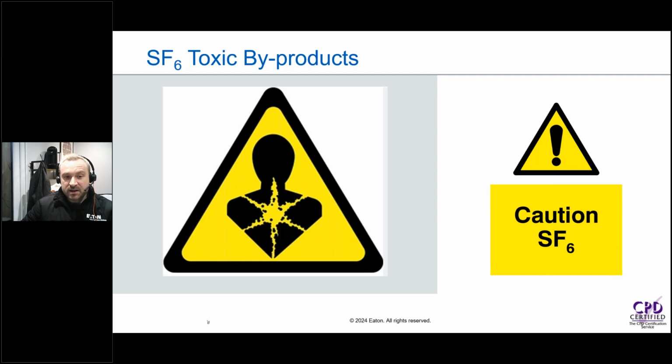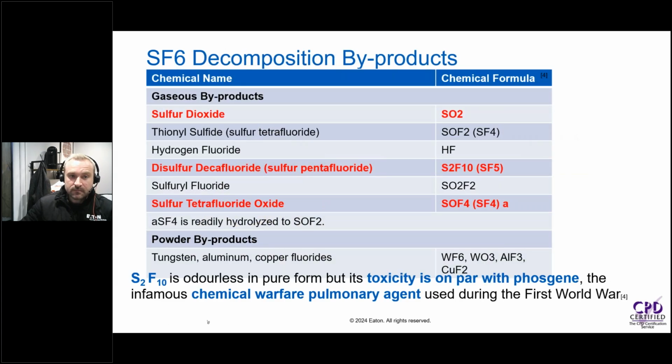If byproducts are ingested or inhaled, they can cause eye, nose and throat irritation, pulmonary edemas and other lung diseases, skin and eye burns, nasal congestion, bronchitis and rashes. The table here highlights the toxic byproducts that can be formed by SF6.